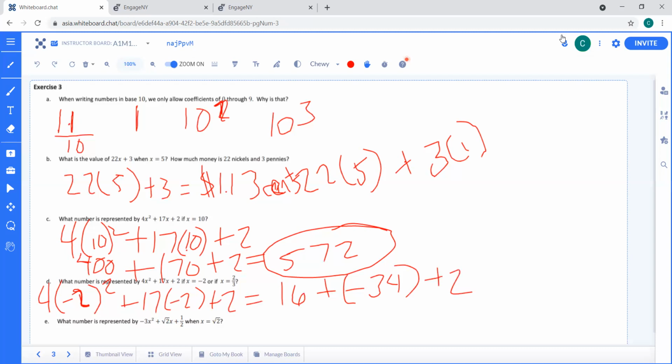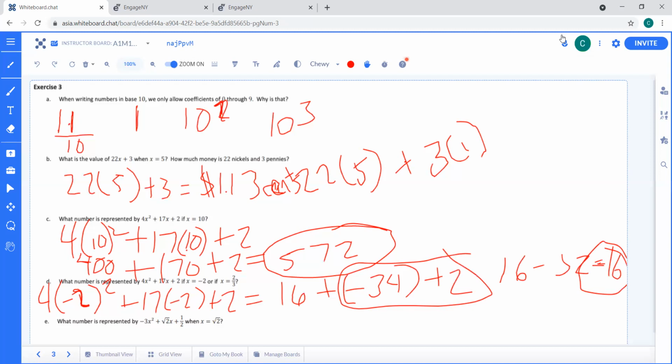So 16 plus, this would probably be easier if we combine these. That's negative 32. So 16 minus 32 is equal to negative 16. Okay.